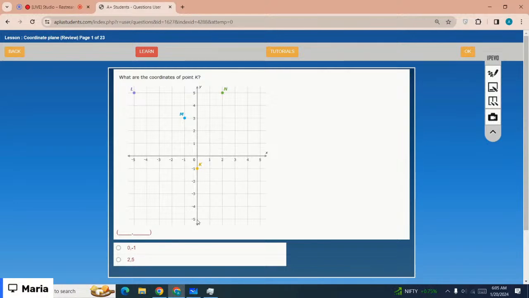So x is 0 and y is -1. The correct option is 0, -1. Option number 1 is the correct option.